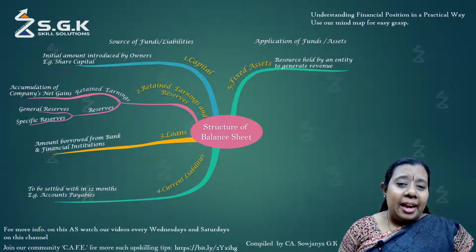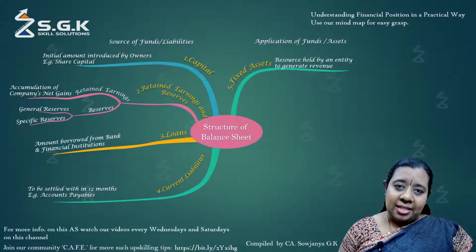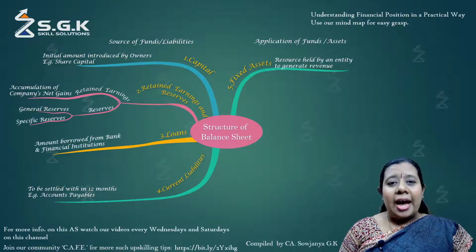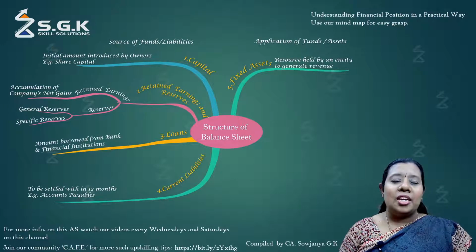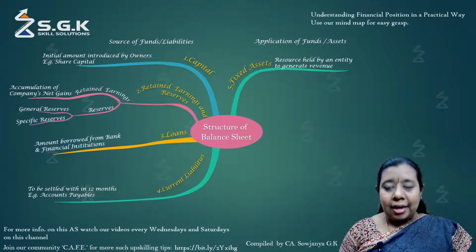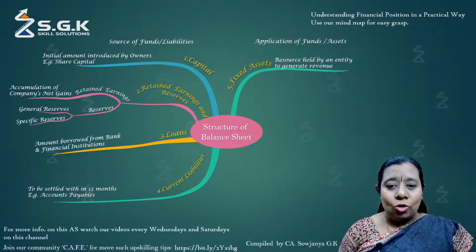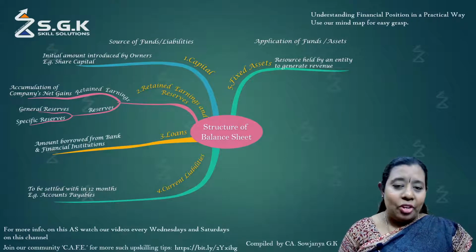A classic example we can take in this scenario is machinery. Machinery would be understood as the set of resources which are used for generating products, and those products are eventually sold. So machinery is a resource held to generate revenue.